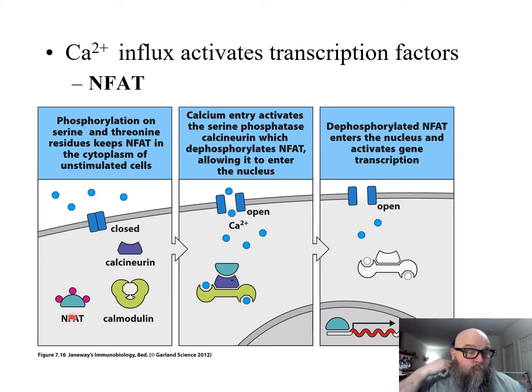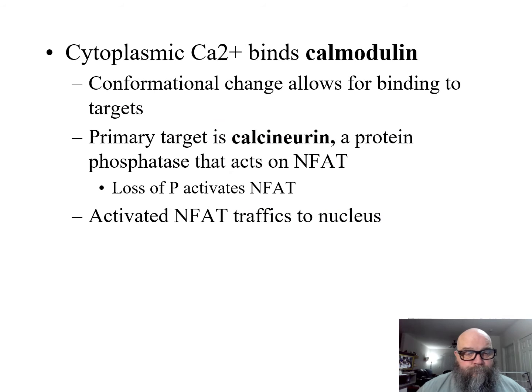Turns out NFAT is one of those proteins that when phosphorylated, it's inactive. When it's dephosphorylated, it becomes active. And what active NFAT does, it traffics to the nucleus, and it has certain DNA nucleotide sequences that it will bind to, and it will act as a transcription factor, promoting expression of certain genes.